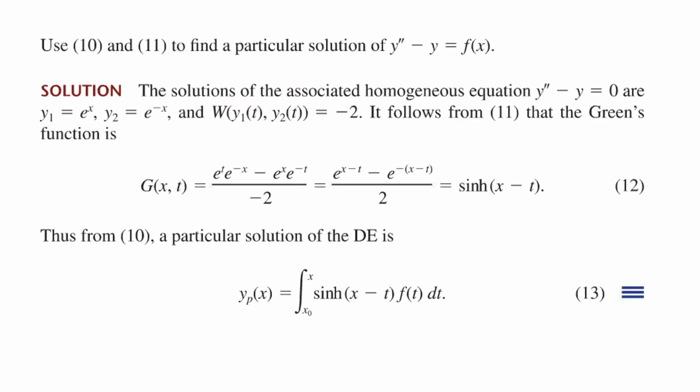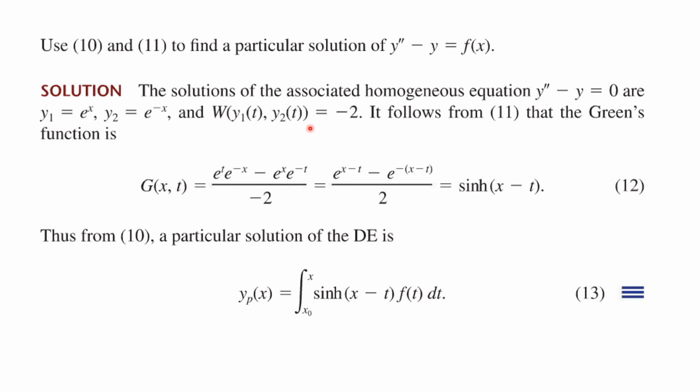Okay, so let's talk about how we would do this to find a particular solution of this equation. Now look, this is y double prime minus y, that is D squared minus 1. So the solutions to the associated homogeneous equation are plus or minus 1, so y1 is e to the x, and y2 is e to the minus x, and we can compute the Wronskian of this.